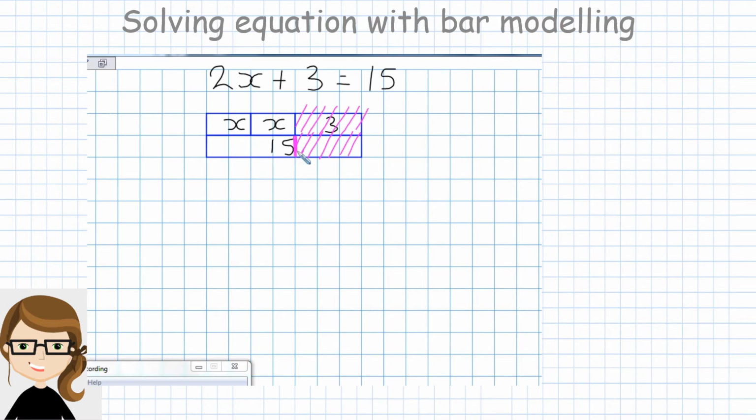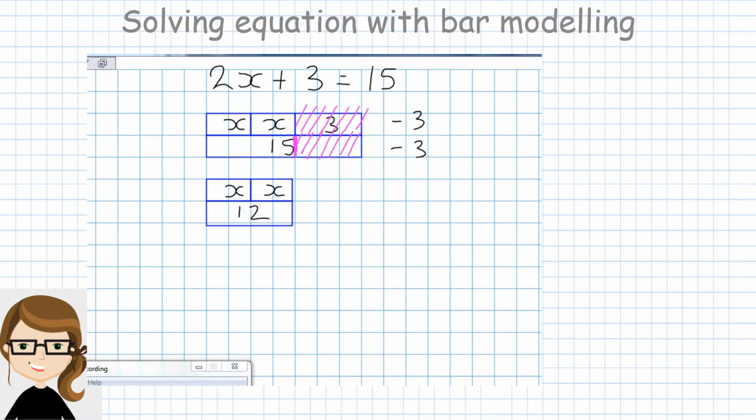So I've now taken off 3, and I want to take 3 off the 15 as well. So I've crossed out in pink what I'm taking away. So I'm just left now with 2x because I've got rid of the 3, and it's now the same as 12 because 15 take away 3 is 12.